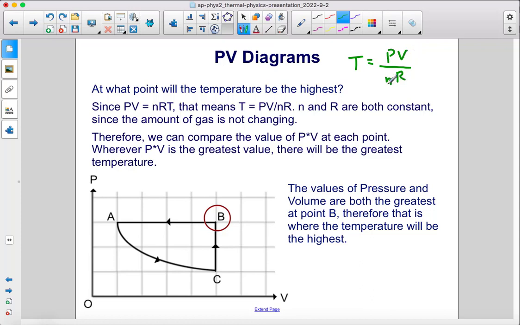Since n and R are both constant, since the amount of gas is not changing, we don't really have to worry about those. Therefore, wherever P times V is the greatest, there will be the greatest temperature. The values of pressure and volume are both the greatest at point B. Therefore, that is where the temperature will be the highest.